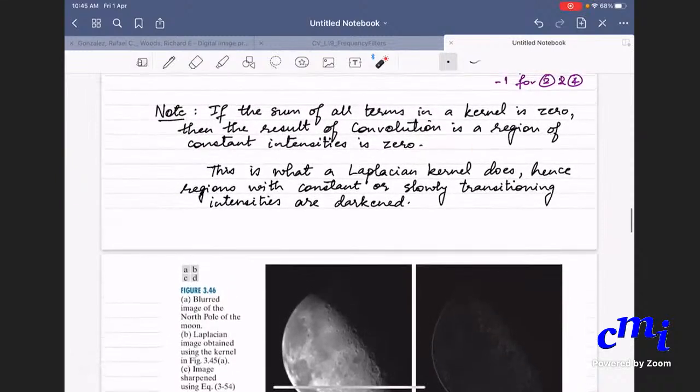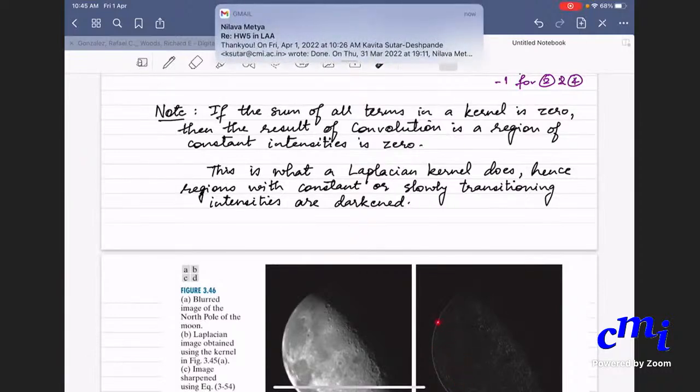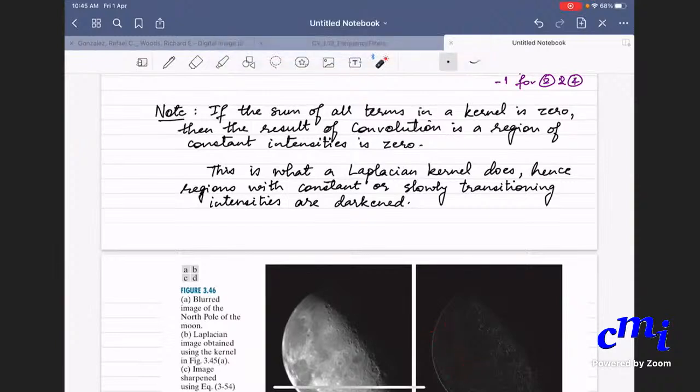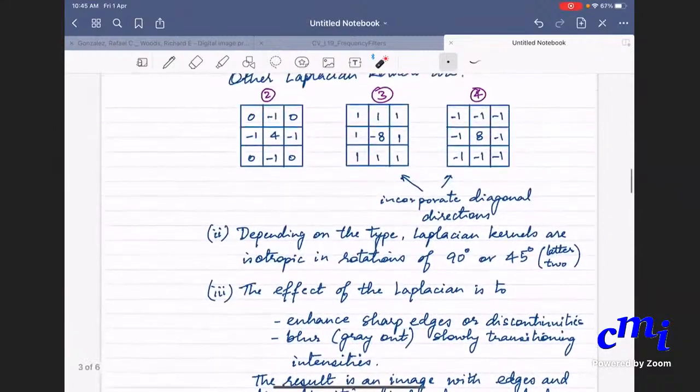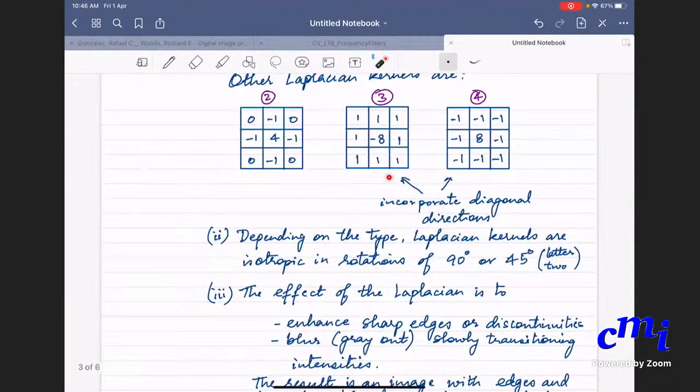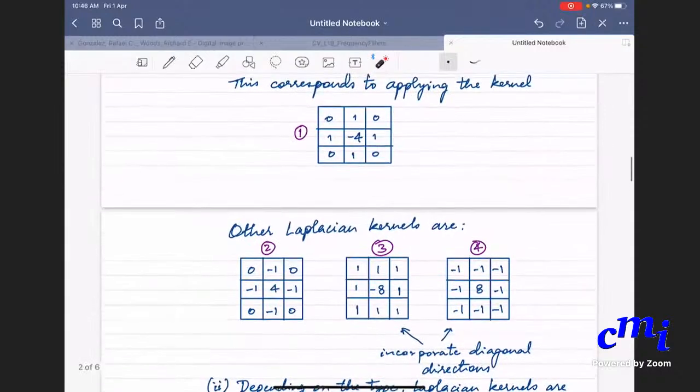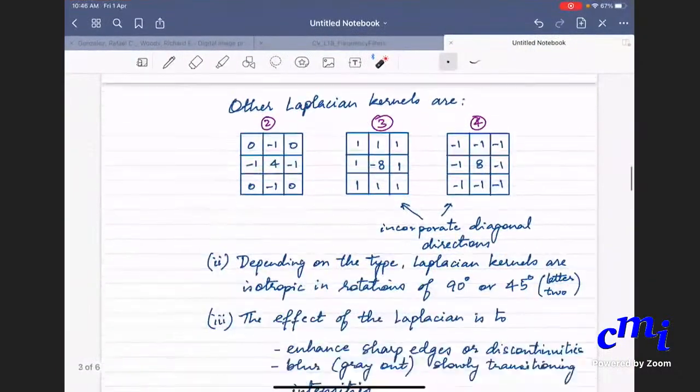One point that I want to make here is to explain why over areas of intensities which are not moving too fast we get this blurring or darkening. This is a result of having a kernel such that the sum of all entries of the kernel is 0. You'll see in all these the sum of all entries is 0.